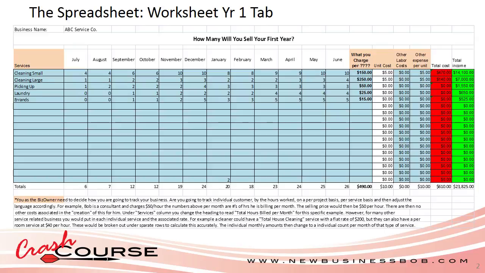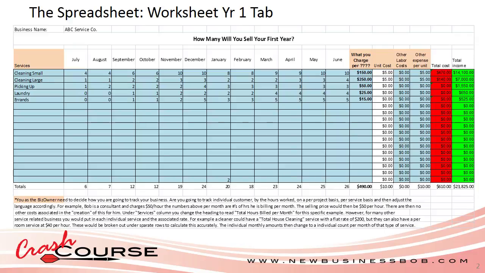Across the top then you have these things you can change, because what you're charging per service, per item, per whatever you're counting here, you can have that. And so this is a $150 service for this specific service of small cleaning, and for large cleaning it's more, and this is where we take that into account. So the unit cost is a field that's calculated for you.